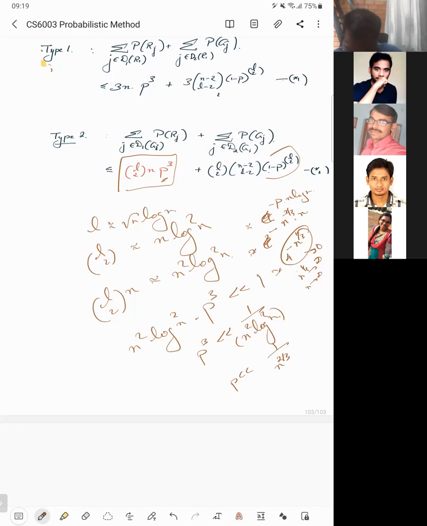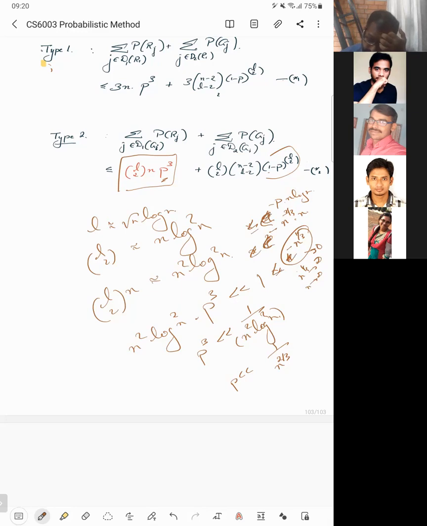N raised to minus 2 by 3, n raised to 1 by 3. It goes to infinity. So this you can even upper bound by e raised to, or was I wrong? When I was trying to do this, I was thinking this will not work.